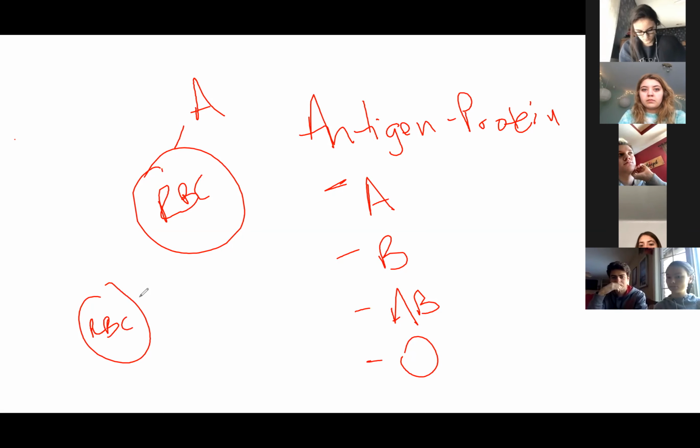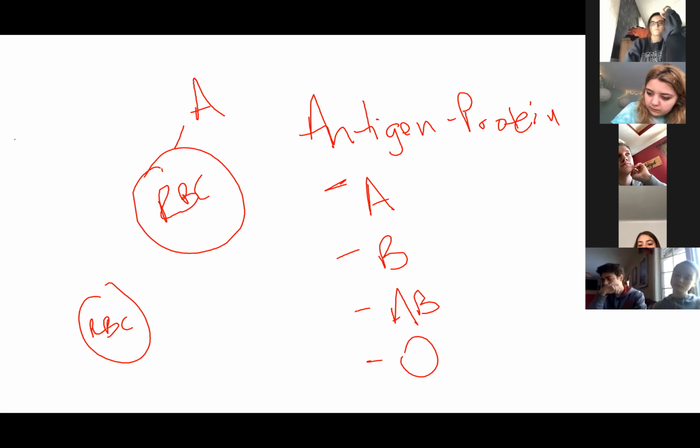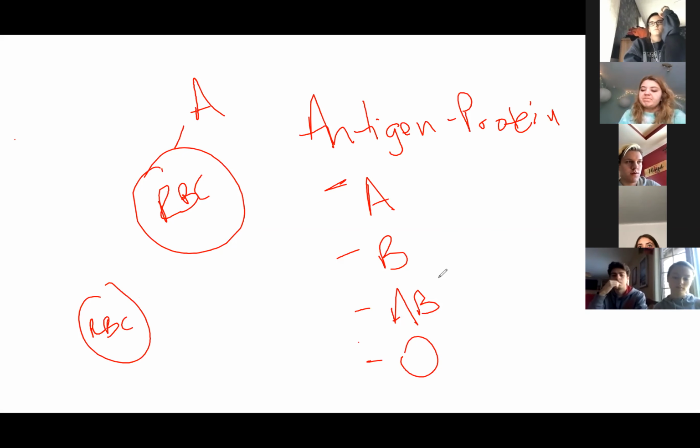So if I were injected with type B blood, my body would see that B protein and recognize it as foreign. It would mount an immune response and it would be this horrible thing and I could die. So basically with blood typing, certain blood cells have an antigen, either A, B, both A and B, or they don't have an antigen on them, that your body recognizes as foreign.